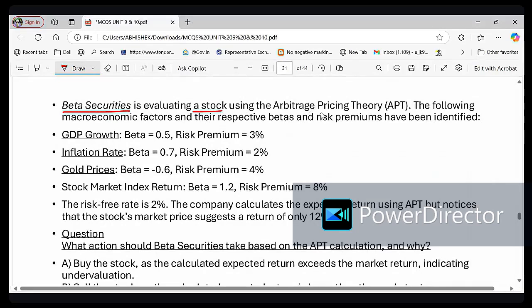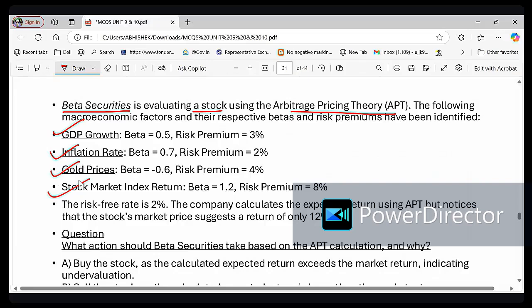They are evaluating a stock using arbitrage pricing theory, APT, which, unlike CAPM, uses multiple economic factors. CAPM uses only one economic factor, while APT uses multiple, like GDP growth, inflation rate, gold price, stock market index return. These are the multiple factors to calculate the expected return.